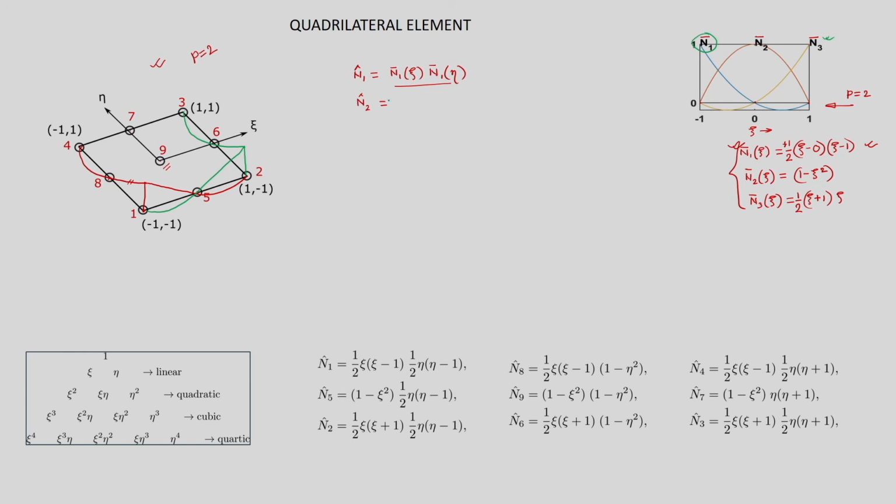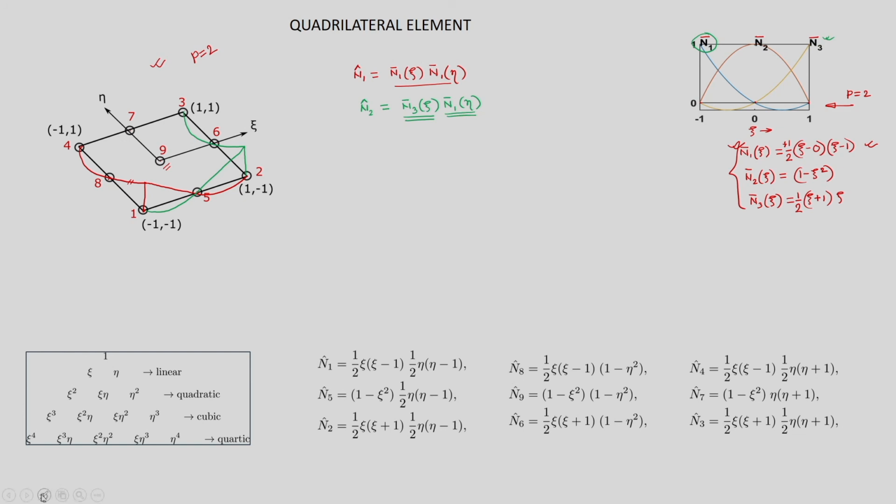So, we can write n2 hat is equal to n3 bar in xi and n1 bar in eta. So, it is basically the first shape function in eta direction and this is the third shape function in the xi direction. Their product will define n2.